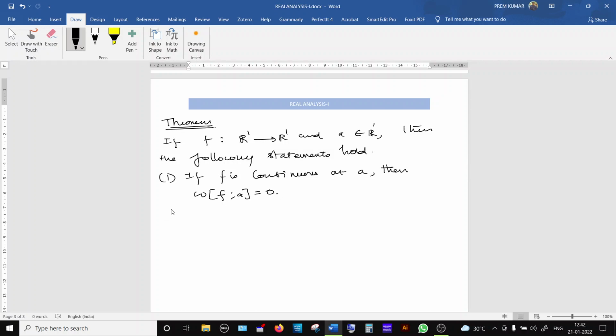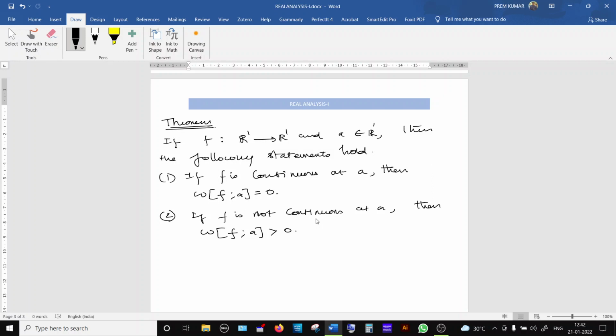There should not be any oscillation. If f is not continuous at A, then the oscillation of f at the point A should be definitely greater than 0.